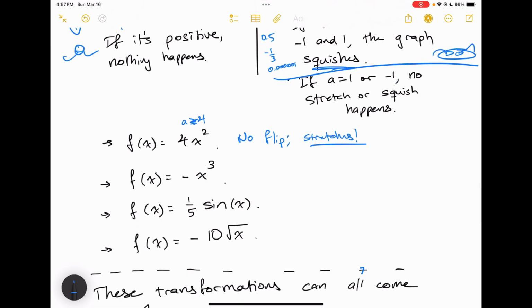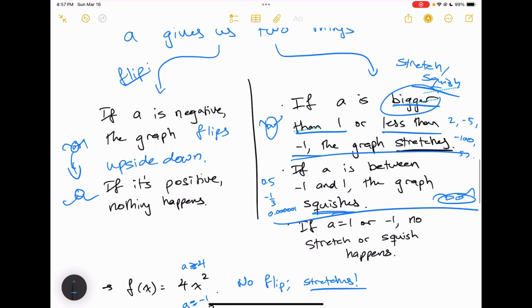Meanwhile, over here, for f of x equals -x cubed, this time, the a on the outside here, since there's no coefficient, we assume it to be 1, but there is a negative, so a is going to be -1. Since it's negative, we do have a flip. Now, with a being -1, which of these three rules is applied to?